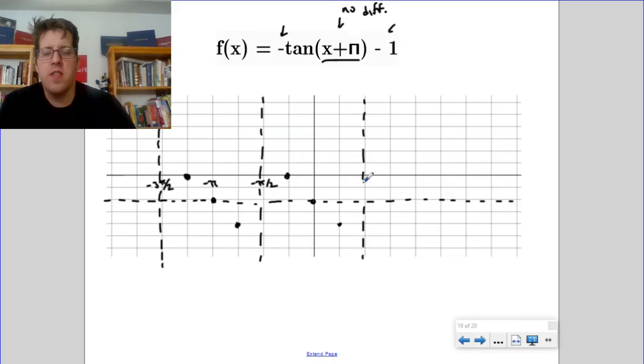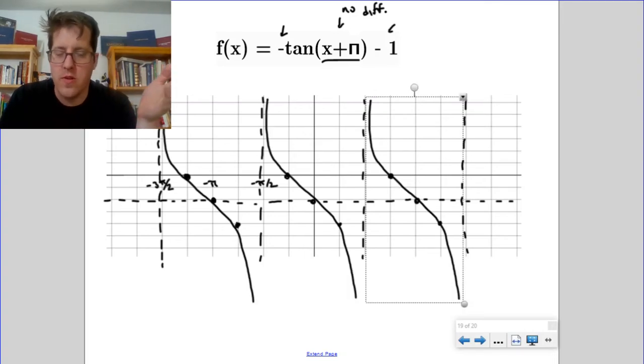Now notice how I said that the fact that this was shifted pi to the left didn't make a difference. Notice how we're still centered on the y-axis, and our graph ends up having its asymptotes at the exact same place. And here's what our graph would look like.